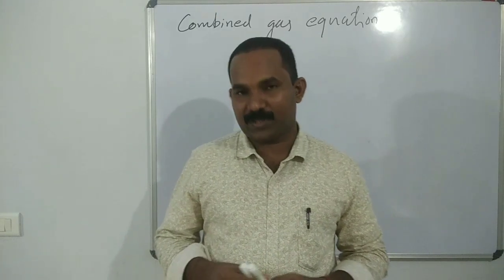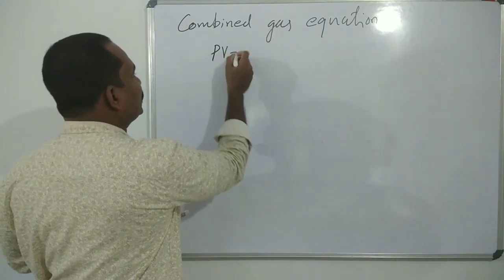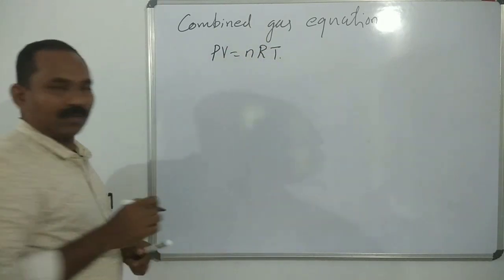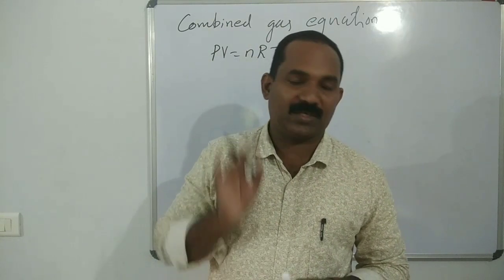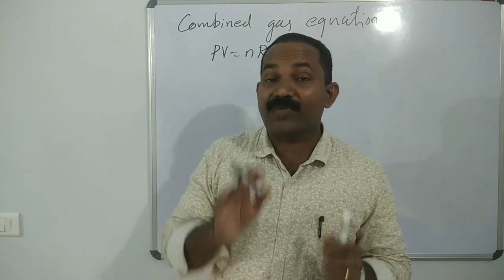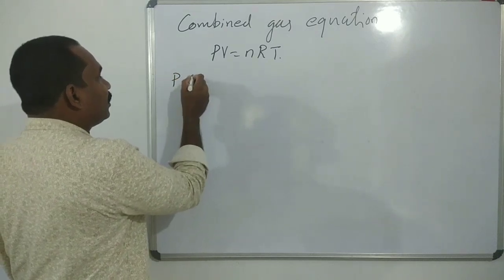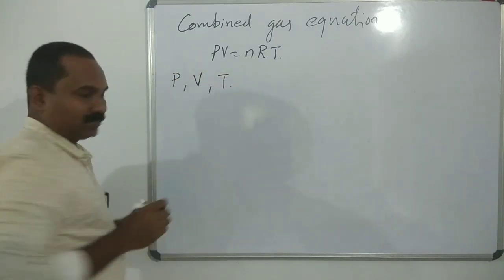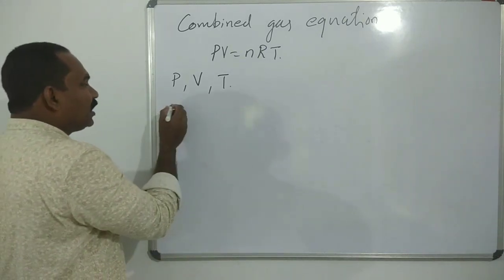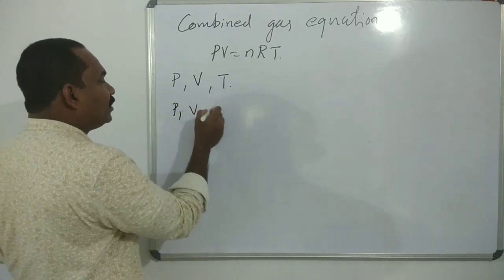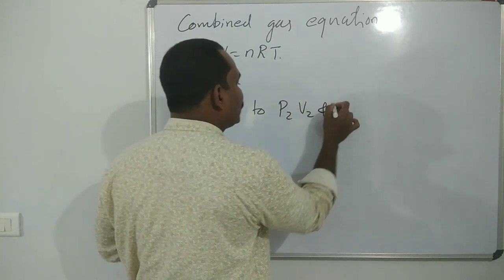Next is the combined gas equation. As we know, the ideal gas equation is PV equal to nRT. For a fixed amount of gas, that means n is constant, the variables pressure, volume and temperature change from P1, V1 and T1 to P2, V2 and T2.